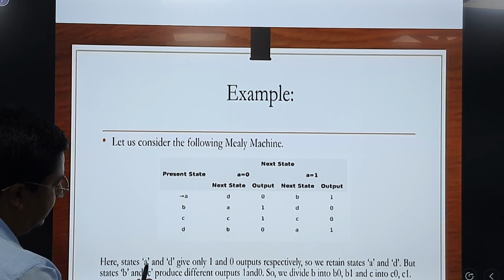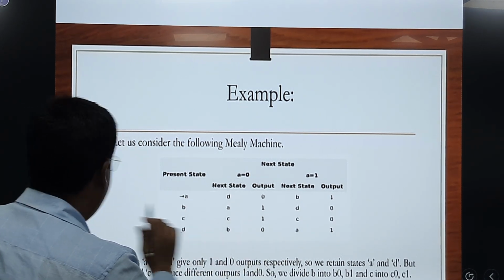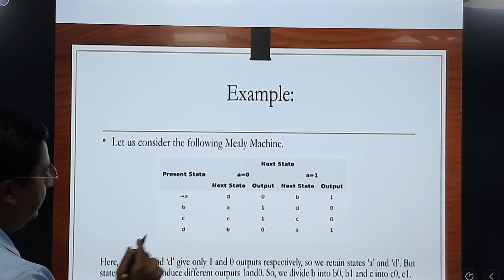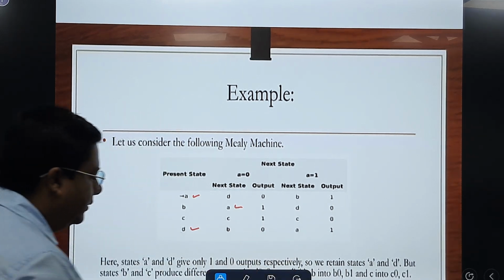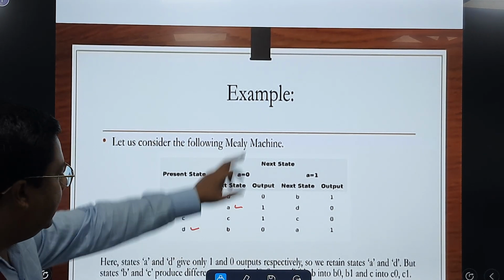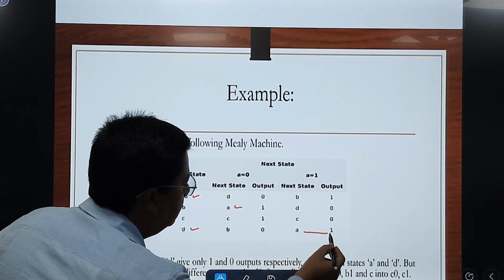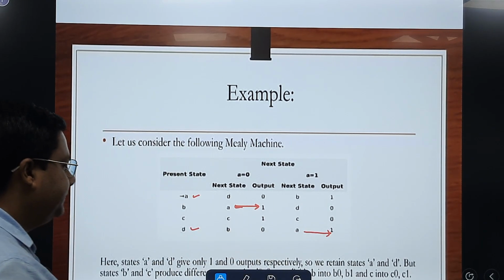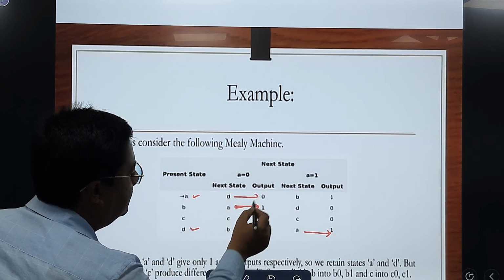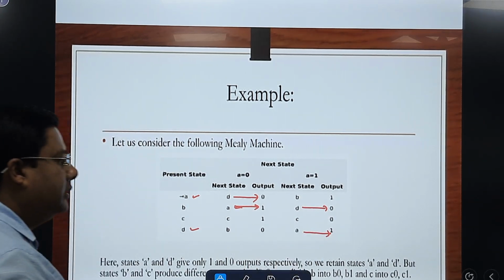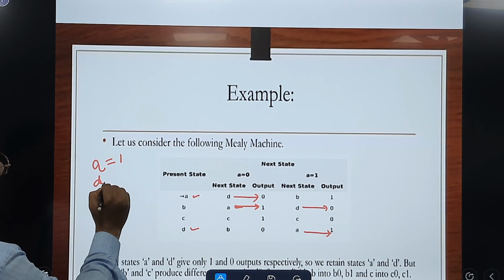I have written here some states, A and D. This is A, this is D. Now we are getting A with 1, A with 1, the same output. And D is getting 0, D is getting 0 output. No issue. At A we are getting 1, at D we are getting 0.